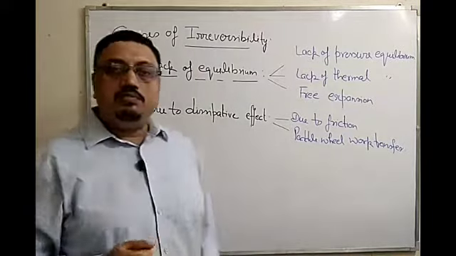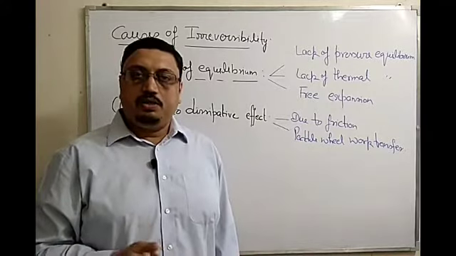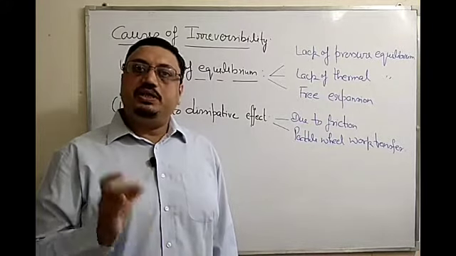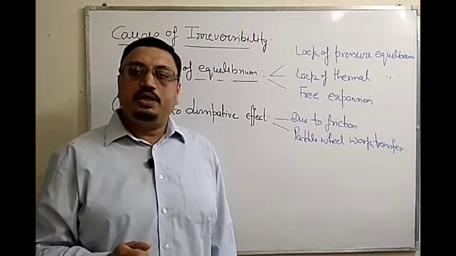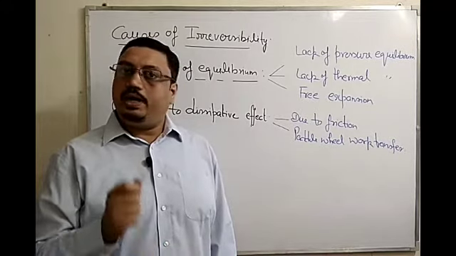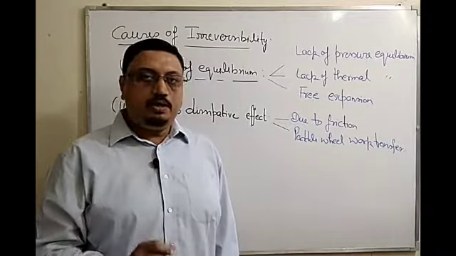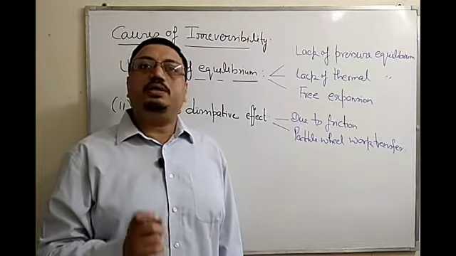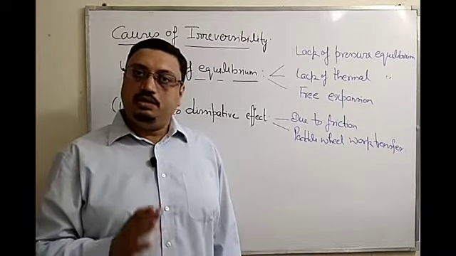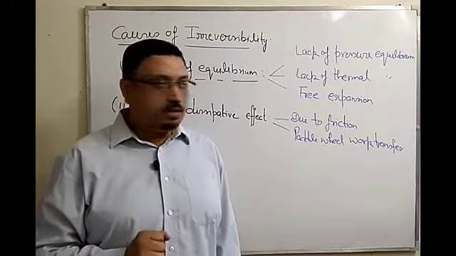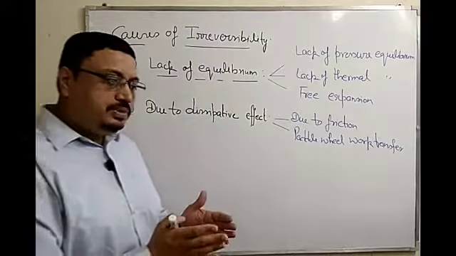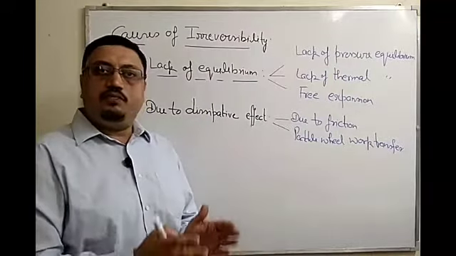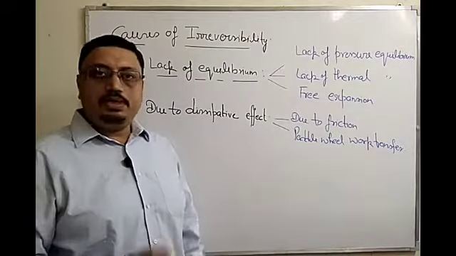We know the meaning of thermodynamic equilibrium: when the conditions of mechanical equilibrium, thermal equilibrium and chemical equilibrium are satisfied at the same time, right? If these three conditions are satisfied at the same time, then we say that the system is in thermodynamic equilibrium. Now, lack of equilibrium is that out of these three, one or maybe more will not be satisfied.